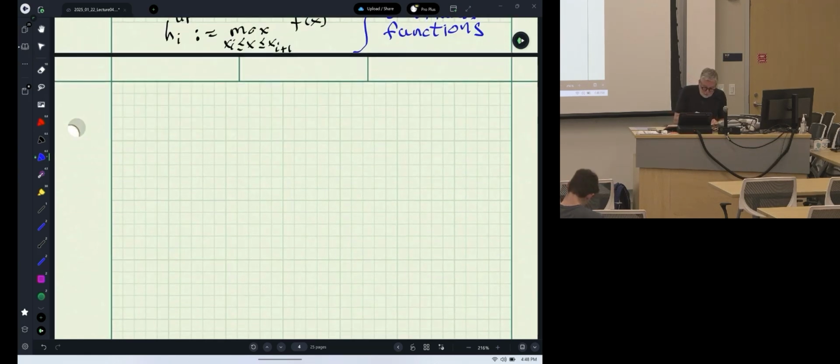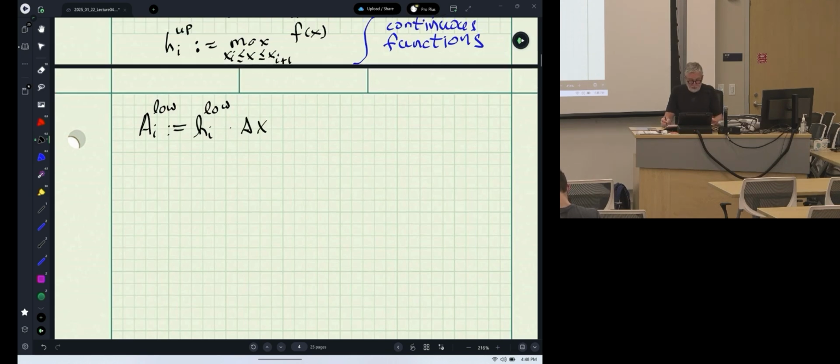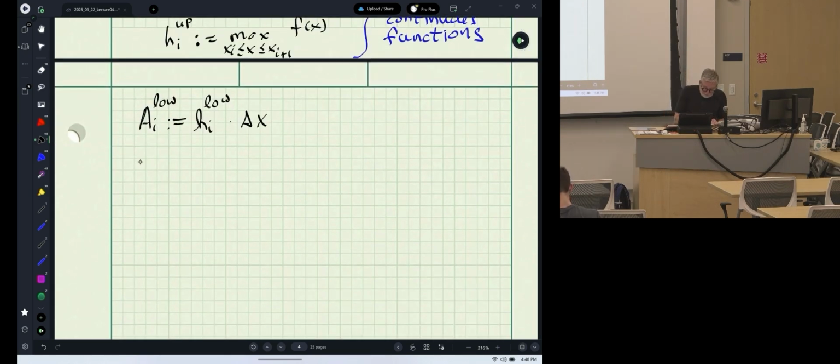So armed with that, we can define a lower approximation to the area under the curve to be hi low times delta x, so height times width, and an upper bound for the area, so that we can apply Archimedes' approximation principle, is hi up times delta x.